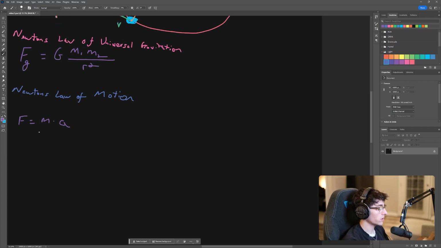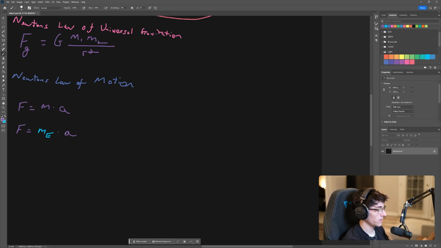What if in Newton's law of motion, we set this mass equal to the mass of Earth? So we can substitute that out one at a time. Let's say F equals, and then we're going to use blue for the mass of the Earth, times acceleration.